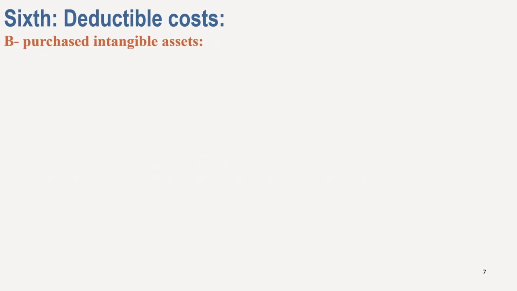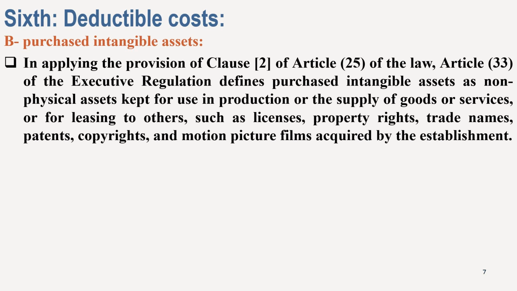The second group of depreciated assets is purchased intangible assets. In applying the provision of the second clause of Article 25 of this law, Article 33 of the Executive Regulation defines purchased intangible assets as non-physical assets kept for use in production or the supply of goods or services or for leasing to others, such as licenses, property rights, trade names, patents, copyrights, and motion picture films acquired by the establishments.